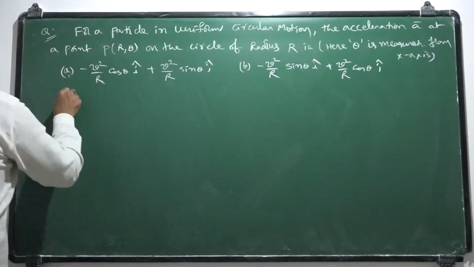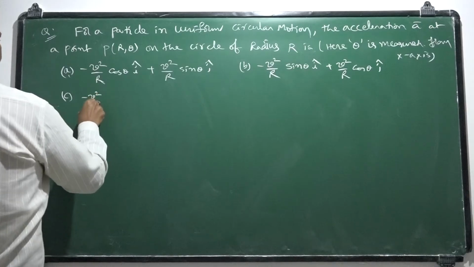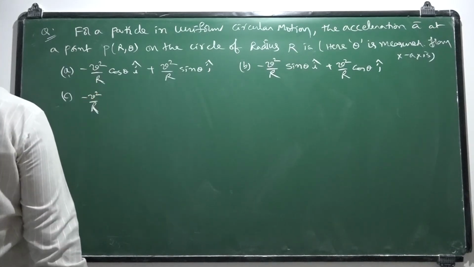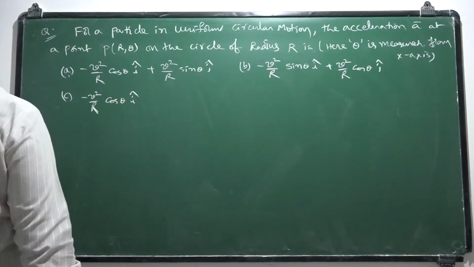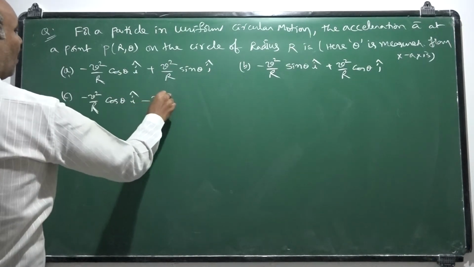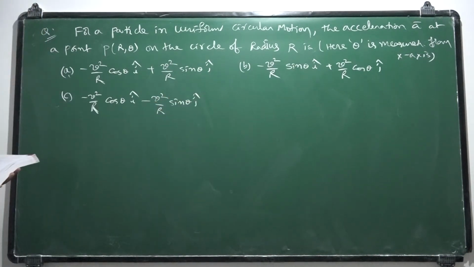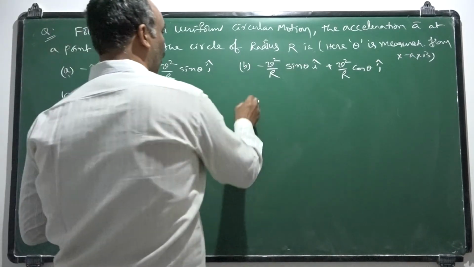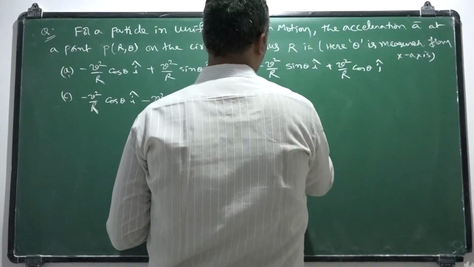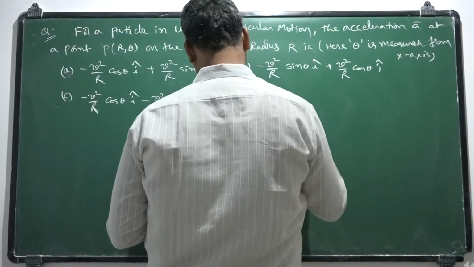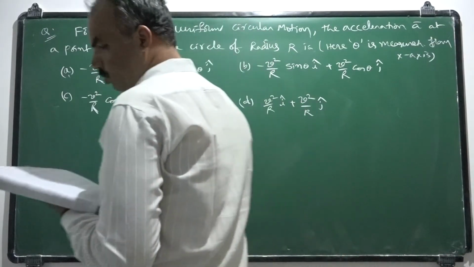Option C: minus v square by r cos theta i cap minus v square by r sin theta j cap. Option D: v square by r i cap, v square by r j cap. This is the question given to us.